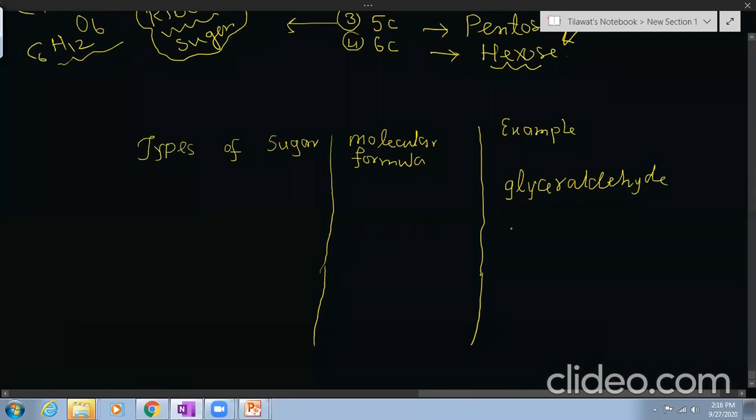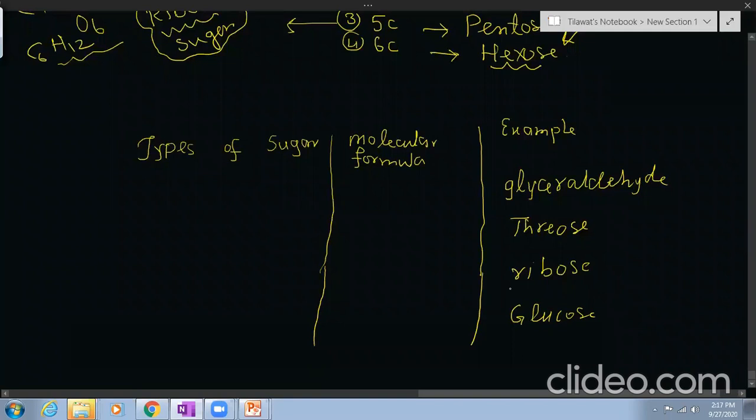Another molecule I want to write here is threose. These are the names of the carbohydrates that I am writing, ribose and glucose. Okay.